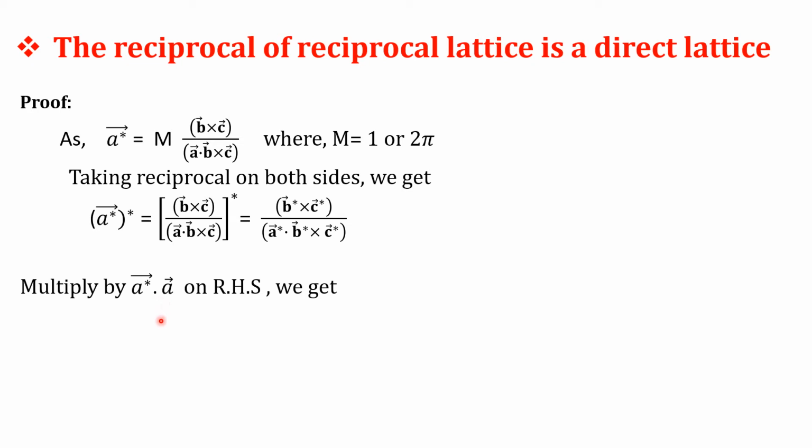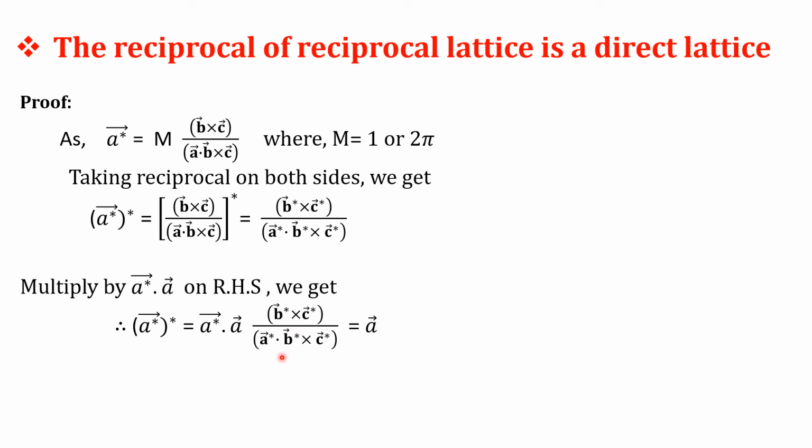The equation is rewritten as vector A star bracket star is equal to vector A star dot vector A into the term as it is, vector B star cross vector C star divided by vector A star dot vector B star cross vector C star. Now the numerator term is A star dot bracket B star cross C star.